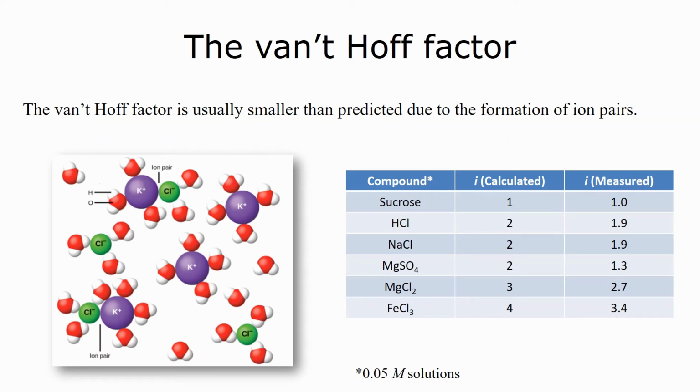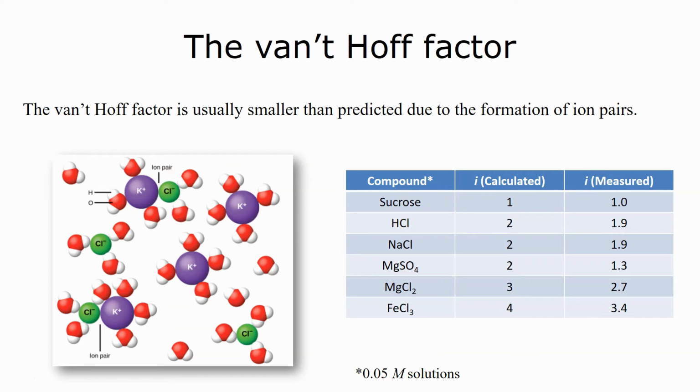It turns out that at higher concentrations and with certain ions, you get what's known as ion pairs. So for instance, let's take a look at our sucrose again. We would normally calculate that it has a Van't Hoff factor of 1, and it turns out, yes, at 0.05 molar, it has a Van't Hoff factor of 1.